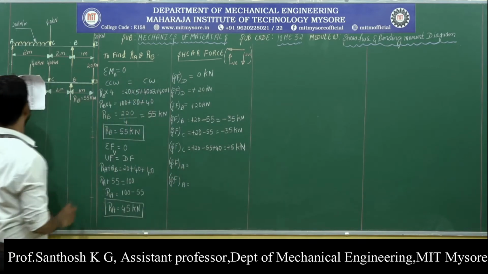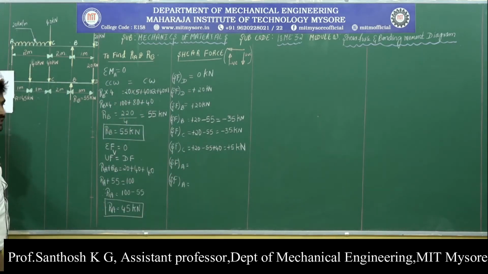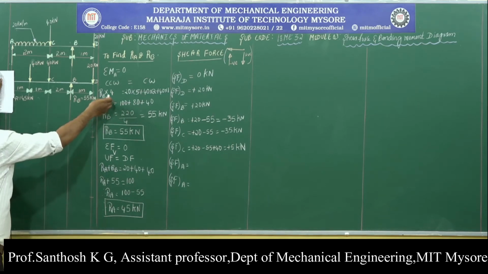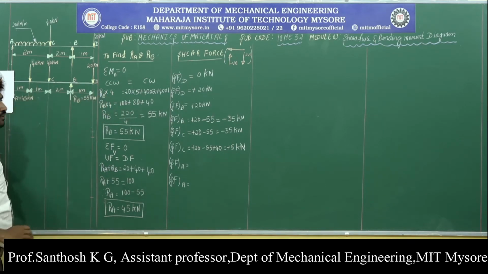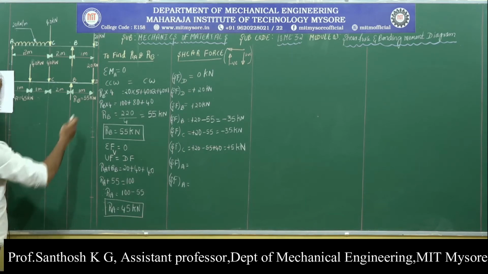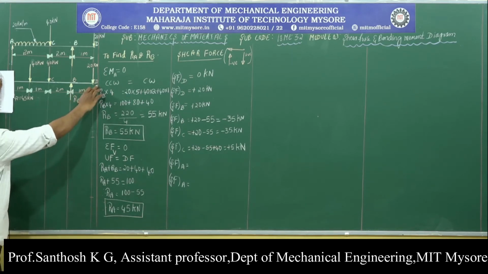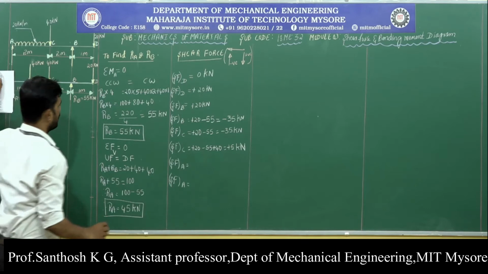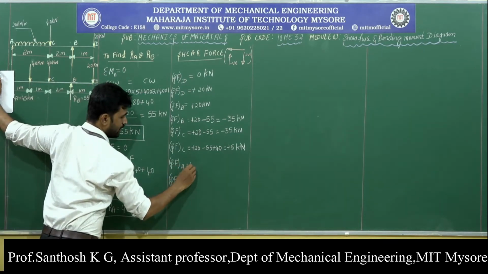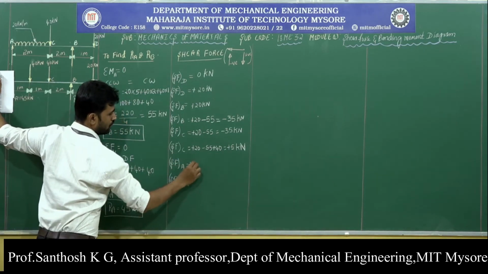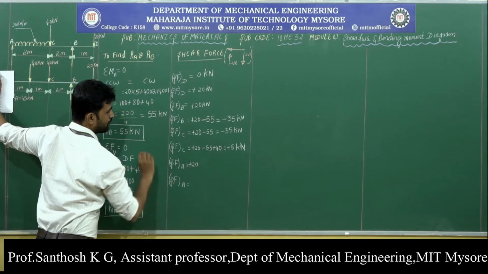Next, we will find the shear force at A by neglecting the shear force acting at point A, and we will move from right side to point A. So, while moving from right side, the first point we are having is D. At D, we are having a downward force of 20 kilonewton.